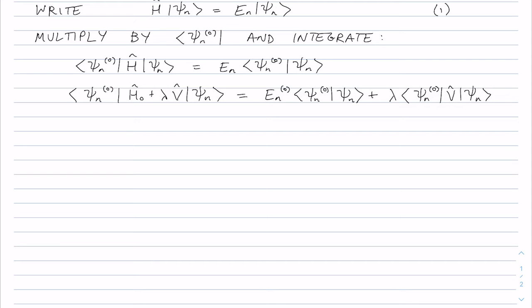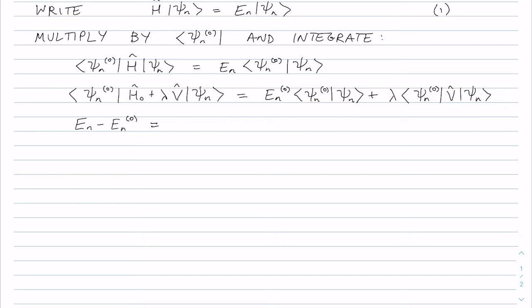And so if I take this as the left-hand side, I basically get En minus En naught. So I'm subtracting the first term from both sides, taking this first term to the left-hand side and keeping this one on the right-hand side.